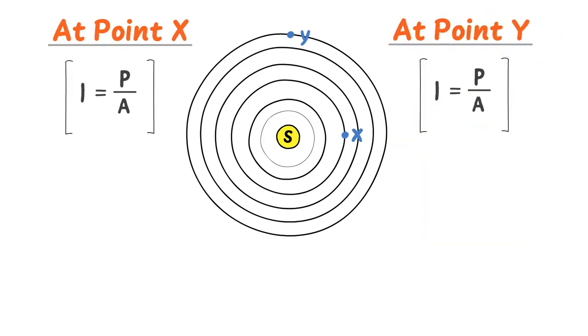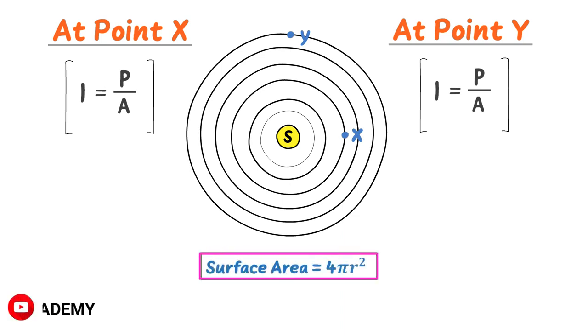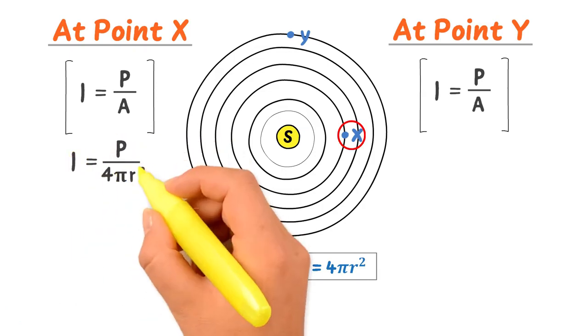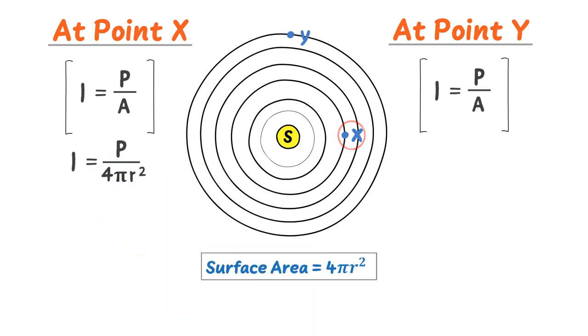Now listen carefully. Sound energy or sound waves spread in three-dimensional ways, spherically. We know that the surface area of a sphere is 4 pi r squared. So the equation of sound intensity at point X can be written as I is equal to P divided by 4 pi r squared.